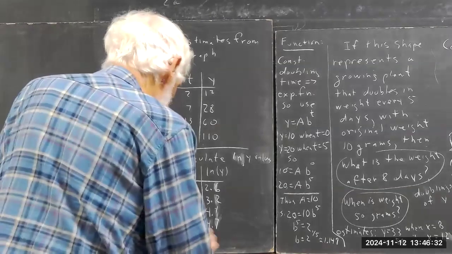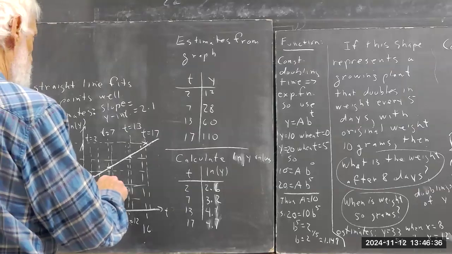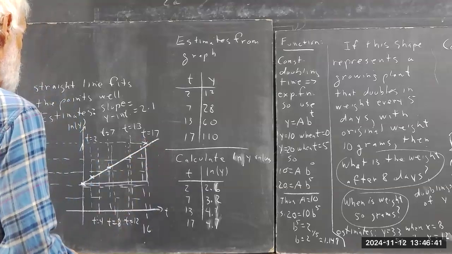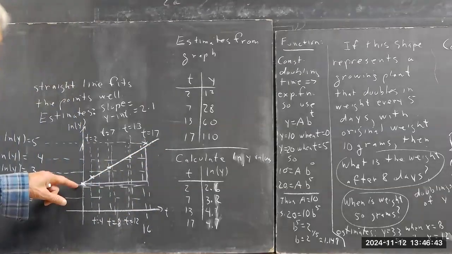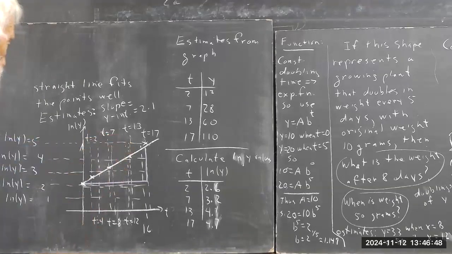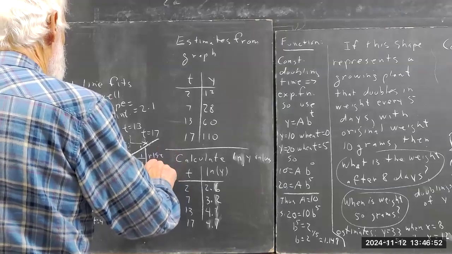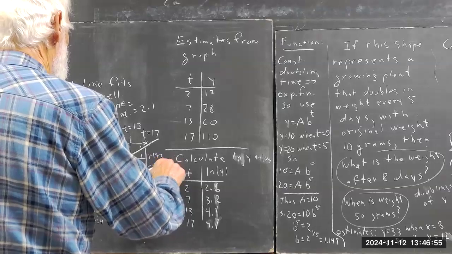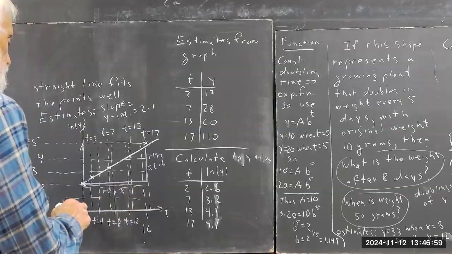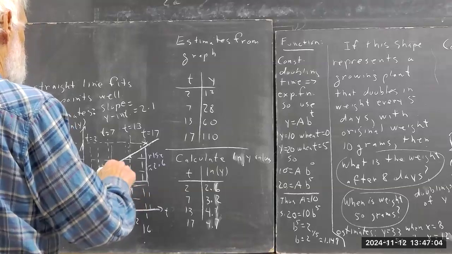Now the slope. Well, I can draw a fundamental triangle from here to here. It looks like the rise is about 1 up to here, 2 up to here, and then about 0.6 more. And the run, well, the run is 17.